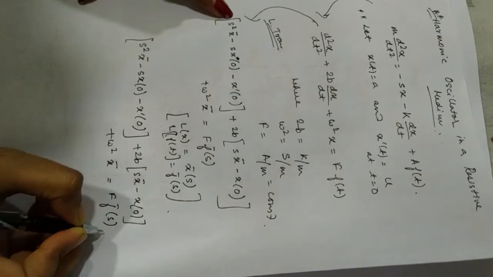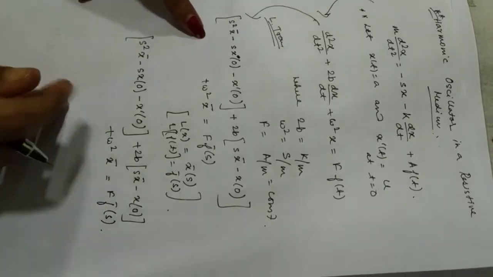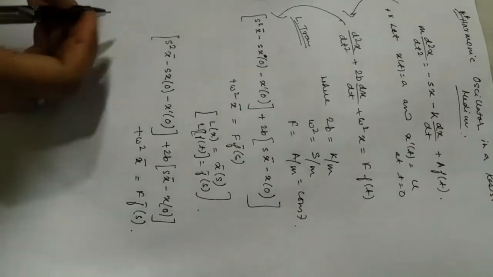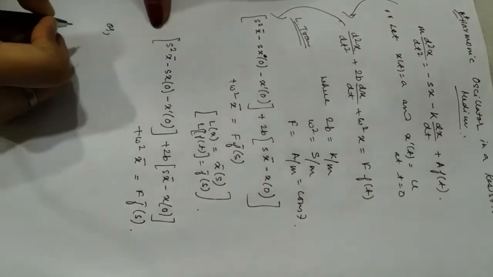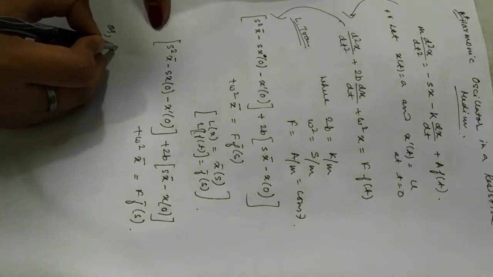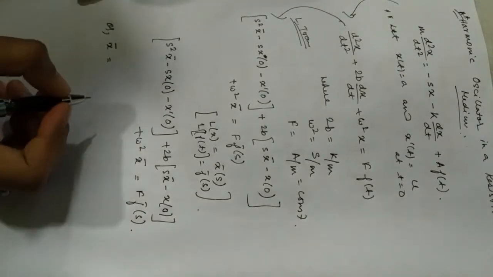I have written the same equation just in a clear way, okay, because here I had made a mistake. Okay, so now if we put the initial values, we take the x bar common and we will write it in the denominator, right?